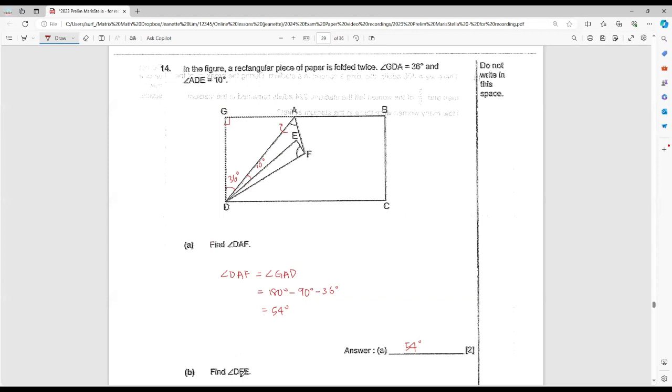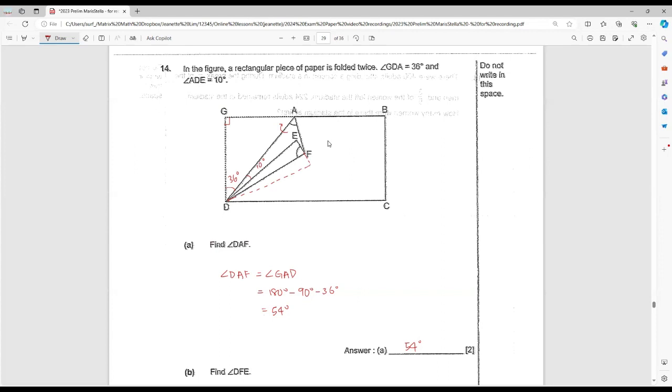Now next is DFE, this angle over here. First let's look at angle EDF. How do we find angle EDF? If I were to unfold it once, it will look something like that. Right?